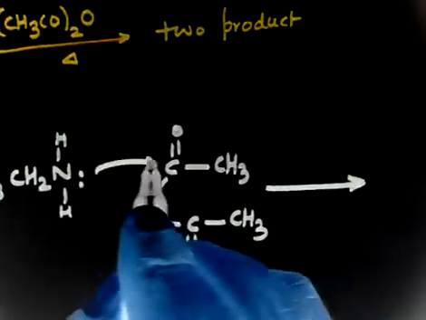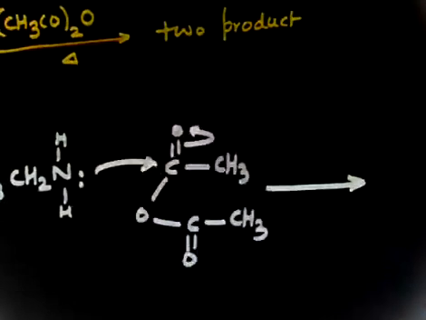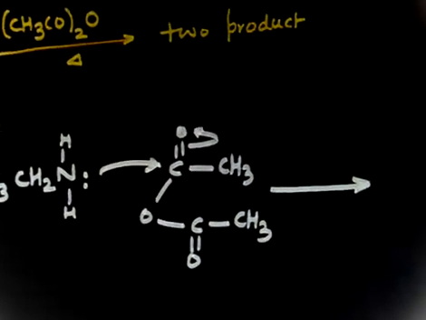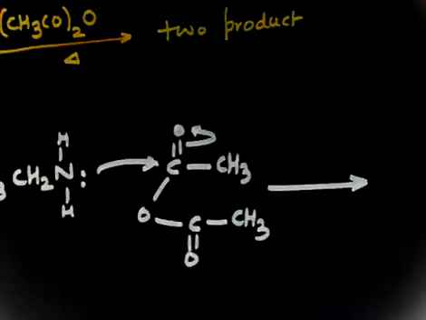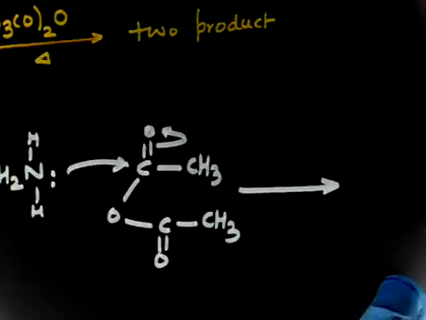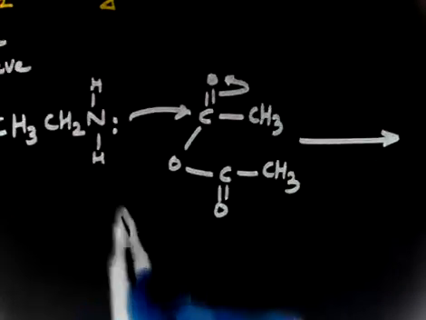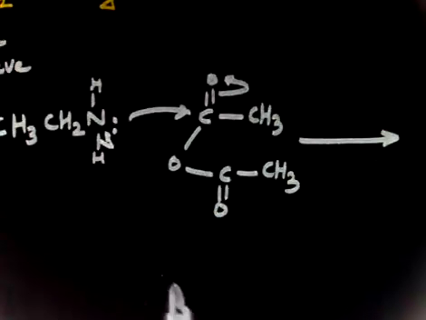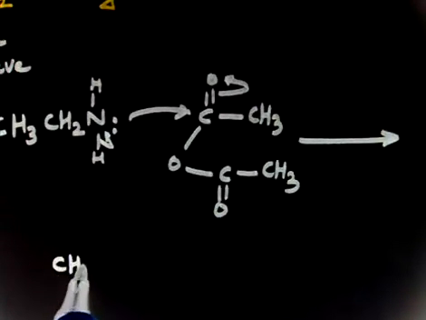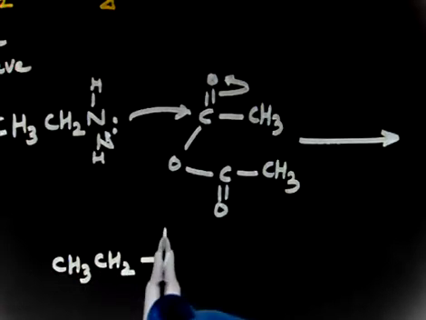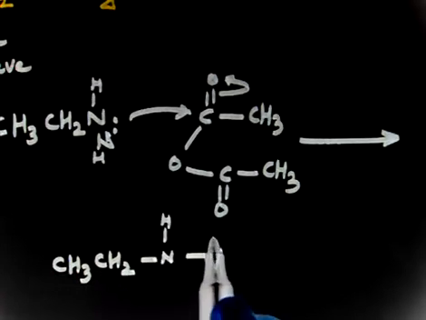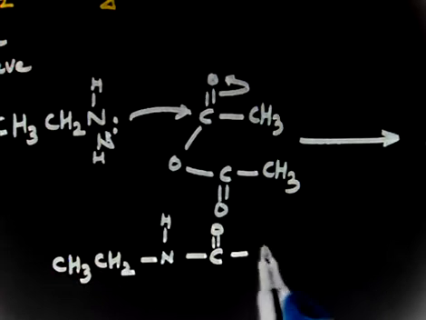Now this will attack here, this opens, and in the next step it will return, and then this goes. Are you getting or not? So if I follow the two steps in one step, I have to lose H plus from here also. So I will have CH3CH2NH, C double bond O, CH3.